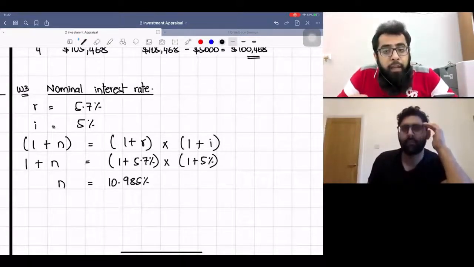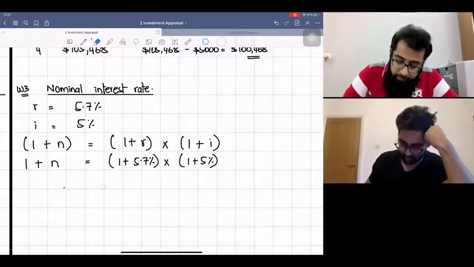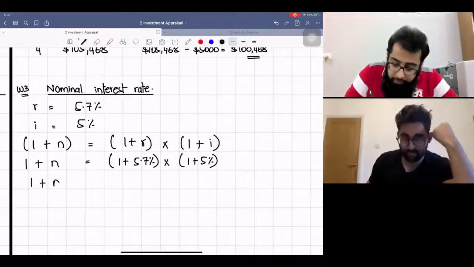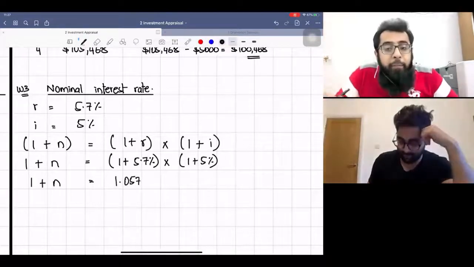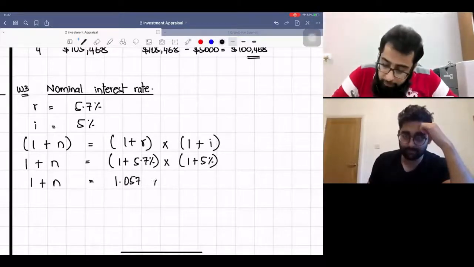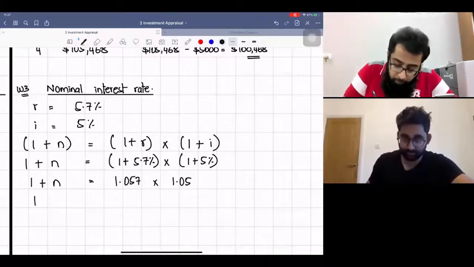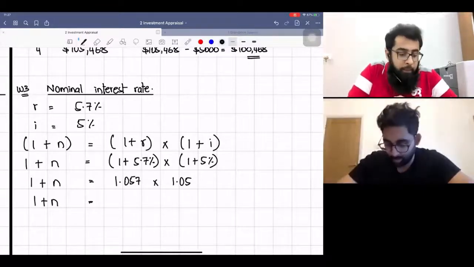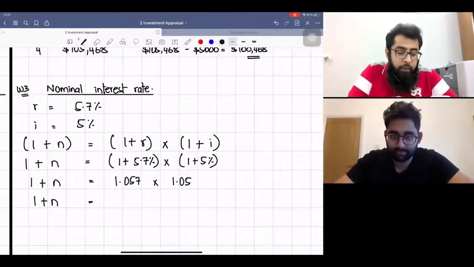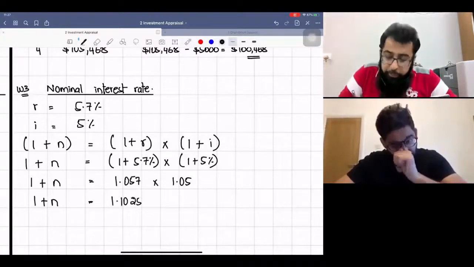Have you done with it, or shall I calculate it? Okay, let's calculate it. Now see, 1 plus n is equal to 1.057, because 5.7% means 0.057, multiplied by 1.05, so this will be 1.1025.